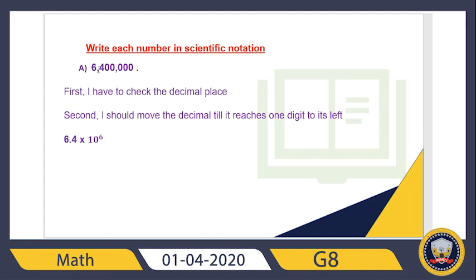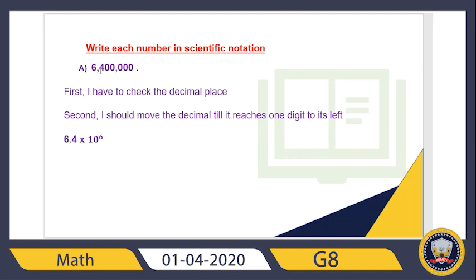يبقى the first step I will write the decimal point after my number. Then second step I will move this decimal point to the left side step by step until it reaches يبقى البوزيشن بتاعها only one digit to the left side of this decimal point. طيب third step بقى هعمل ايه؟ I will write بقى my new numbers ازاي؟ 6.4.